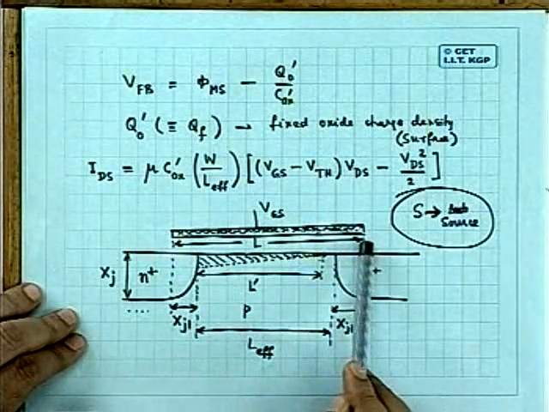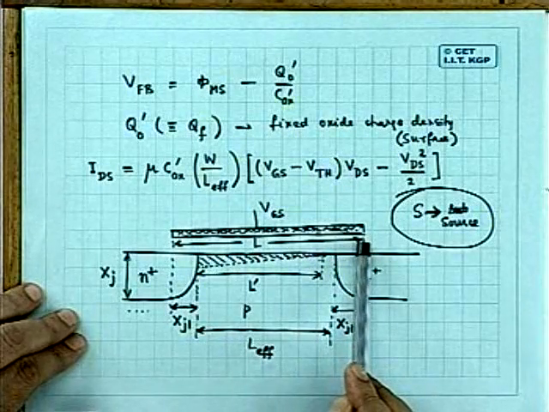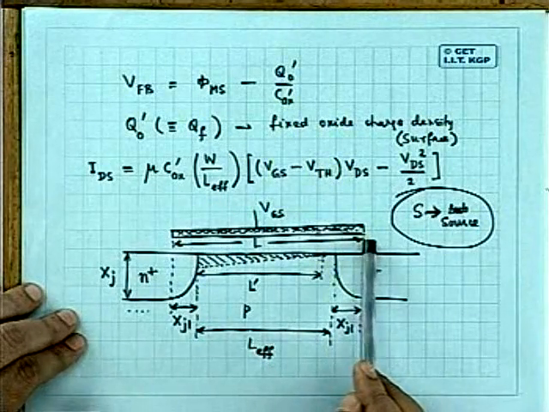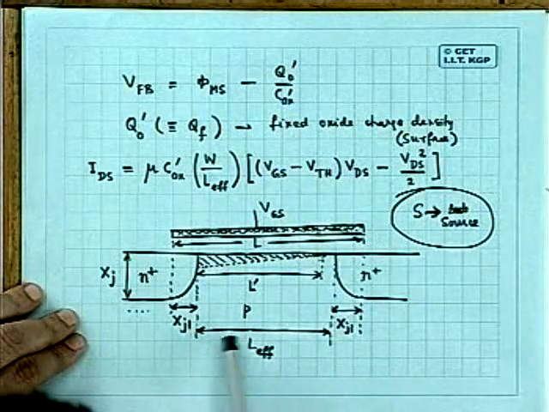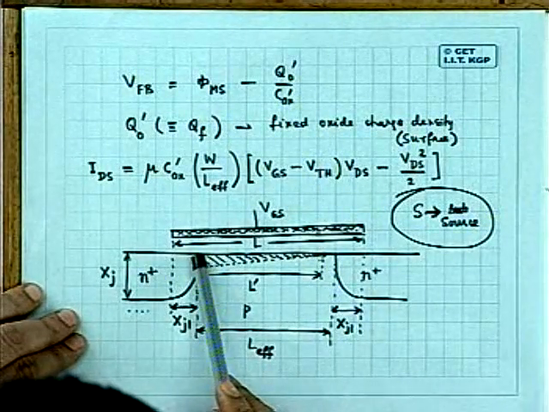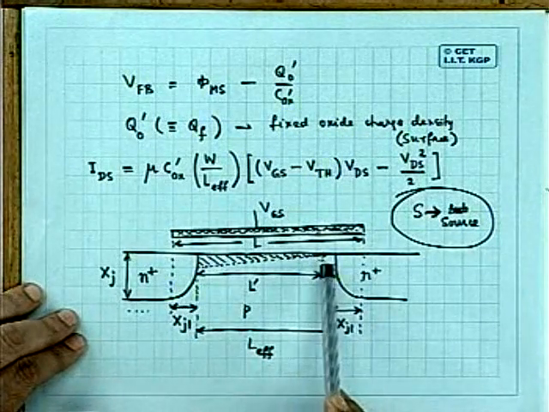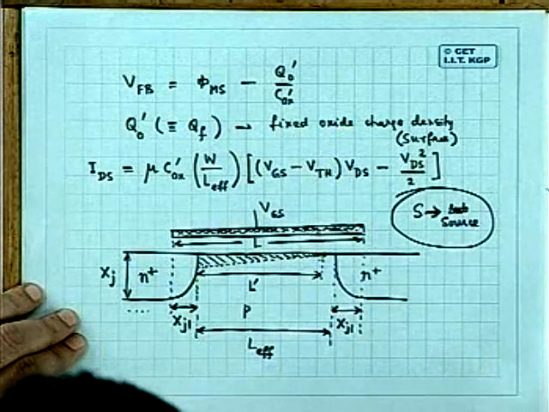L is the gate length defined in the mask. L effective is the effective channel length between the two junction edges, source substrate and substrate drain.